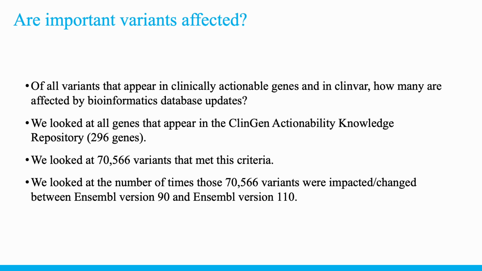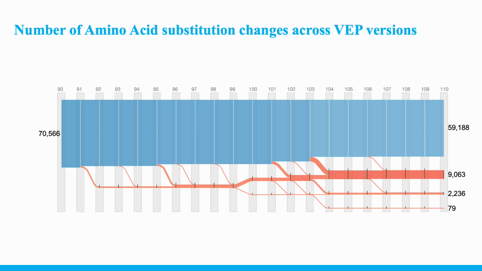We looked at the number of times those 70,566 variants were impacted or changed between Ensembl version 90 and Ensembl version 110. We used the VEP annotation tool from Ensembl and ran that on these 70,566 variants. And we used all versions of that tool from version 90 to 110 to get all the different potential annotations for these variants.